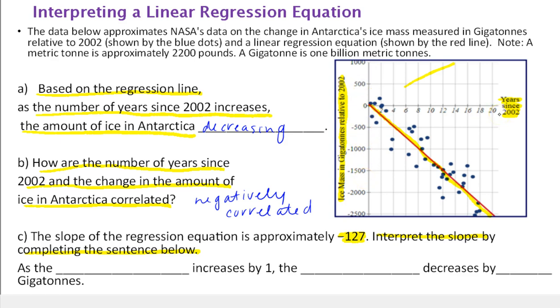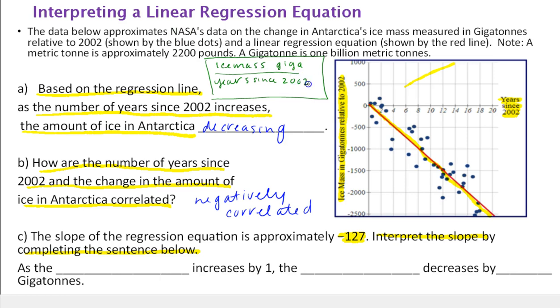Right up here, just where there's a little room, it's actually a ratio of how the ice mass changes in gigatons. I'm just going to put giga for short here. Over how the years are changing since 2002.